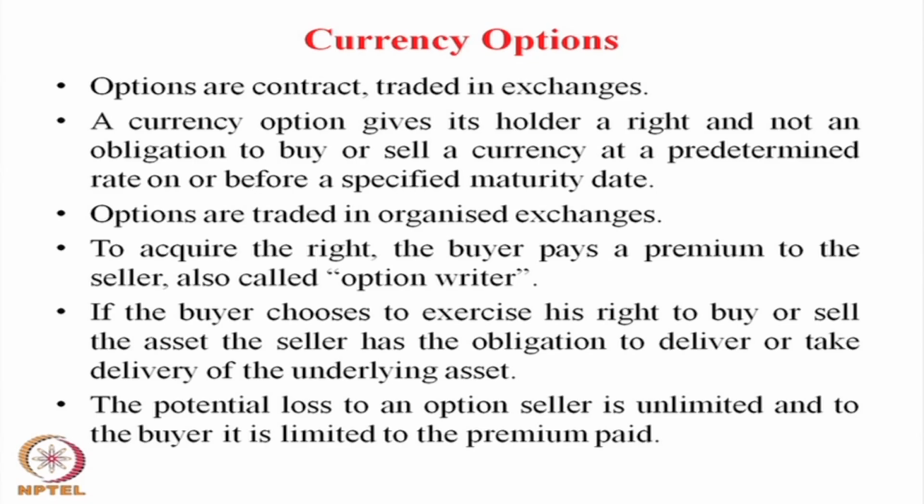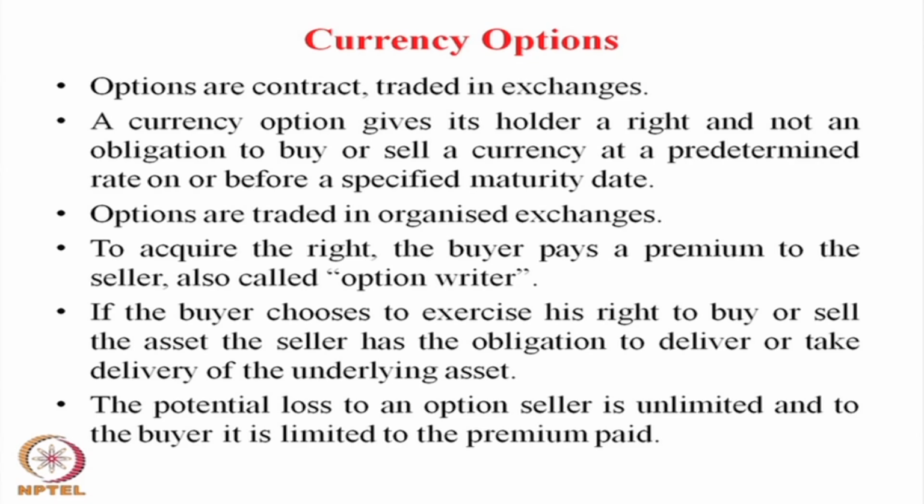A currency option gives a holder a right, not an obligation, to buy or sell a currency at a predetermined rate on or before a specified maturity. In case of an option, the options buyer, the options holder, has the right, not the obligation, to buy or sell currency.